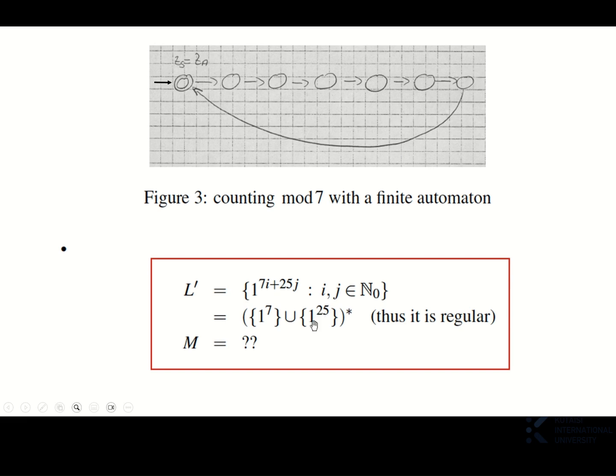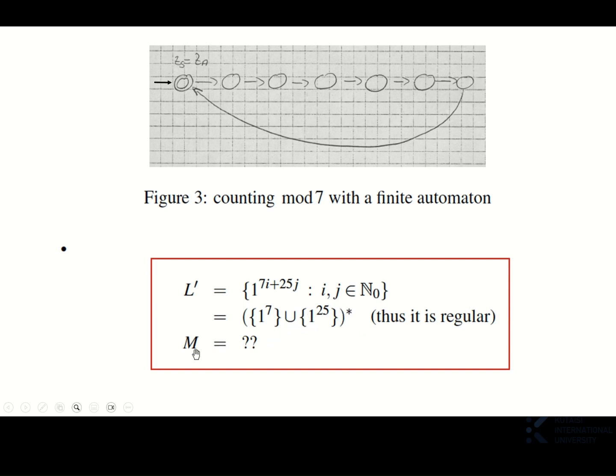Then 25 ones is also regular. This is what is written here. You just take their union, 7 ones and 25 ones, and then take the star, so all possible concatenations of 7 ones and 25 ones give you exactly this.